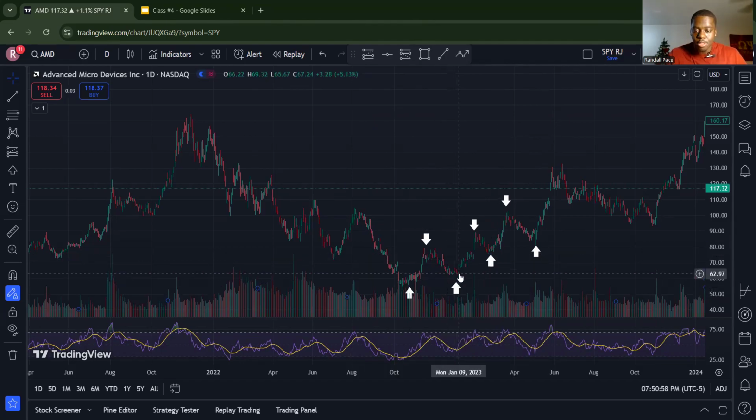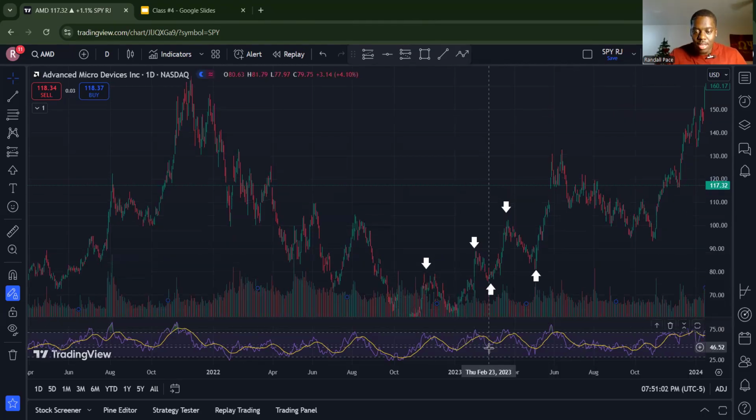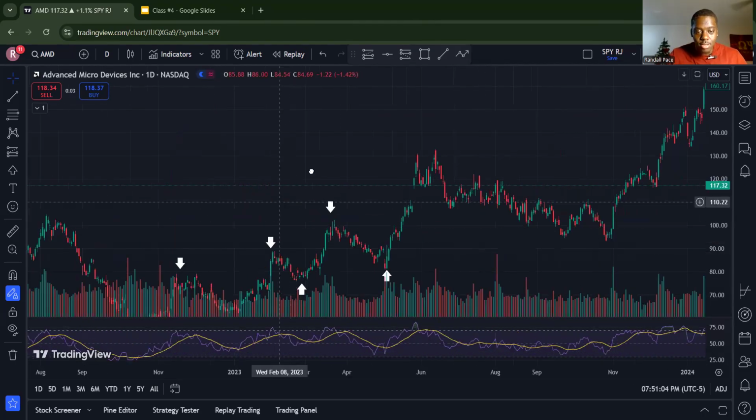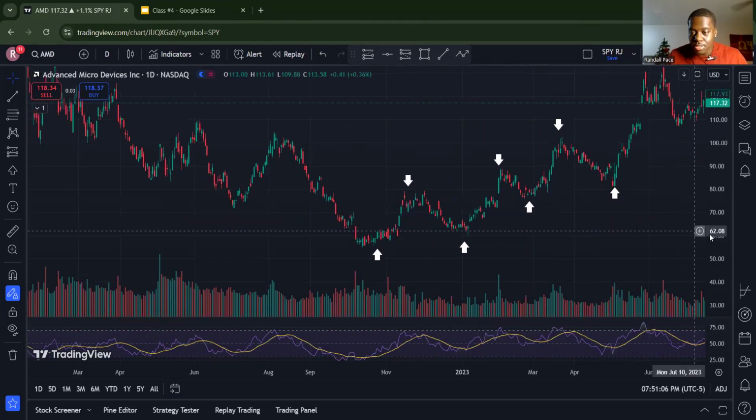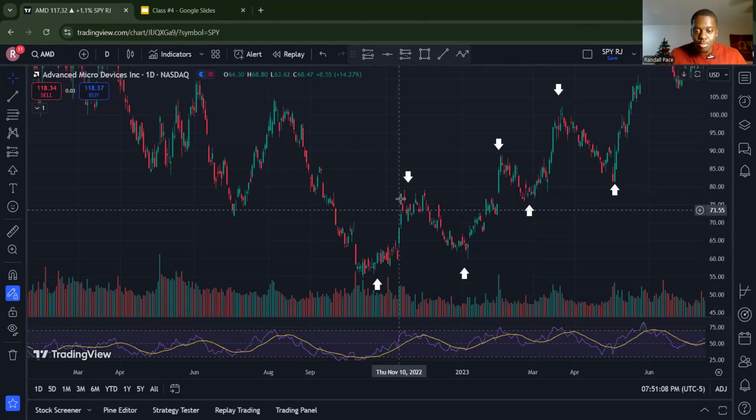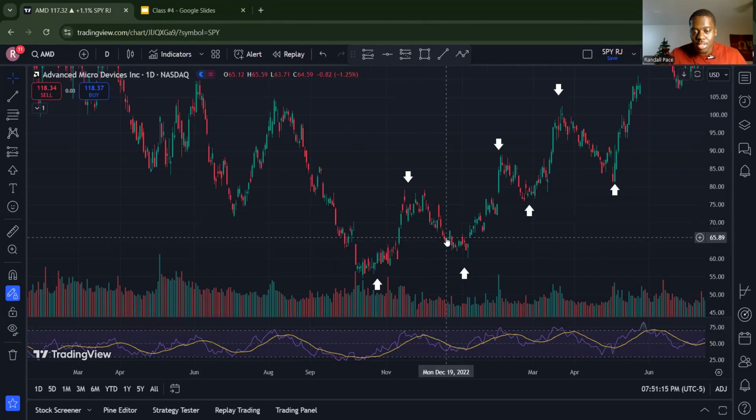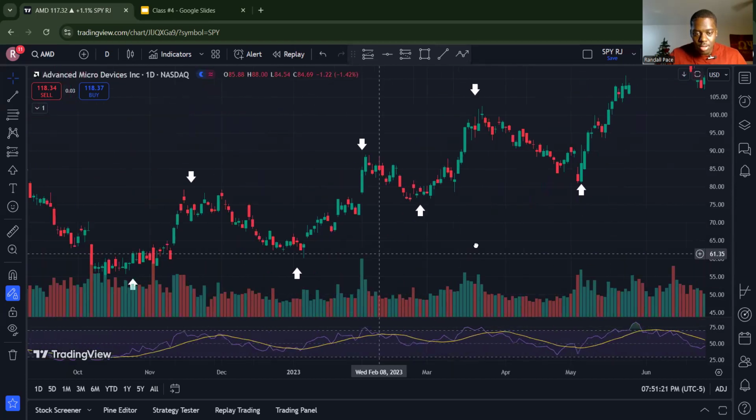All right, so if you was to see this right here, this is how we're going to go back and use those basic concepts. This is why we learn candlesticks. Let's say you see this push up here, and you see this stock going down, going down. You don't really see a bunch of candles that you like, but you see this one right here. Let me make it a little bigger.